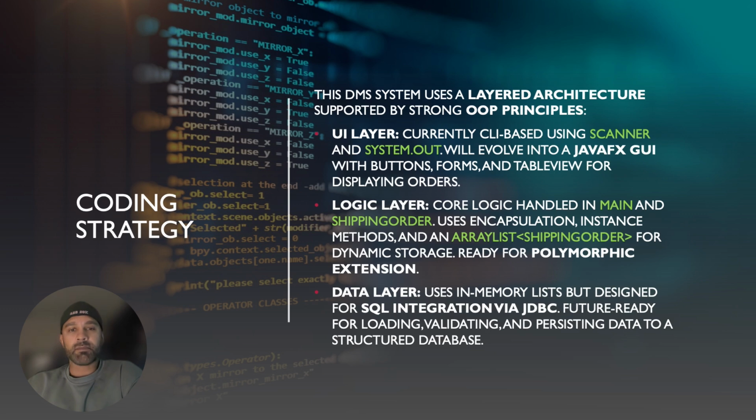It uses encapsulation, instance methods, and an ArrayList for shipping orders for dynamic storage. It's ready for polymorphic extension. For the data layer, currently it's using an in-memory list, but it is designed for MySQL integration via JDBC. Future ready for loading, validating, and persisting data to a structured database.